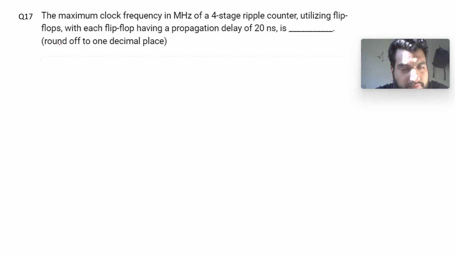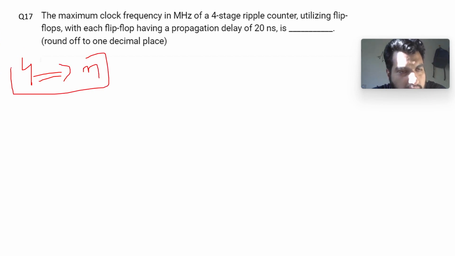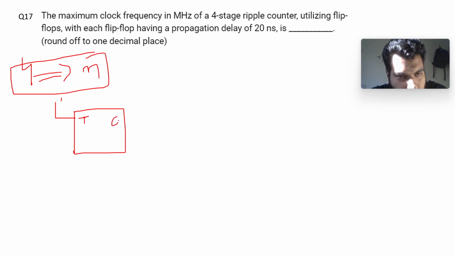What is given in this question is a 4-stage ripple counter. So n is equal to 4. So what is a ripple counter? We have this T flip flop, this is T equal to 1. We have this Q, this is the clock. It can be positive or negative edge triggered. Let's just assume it's positive edge triggered.